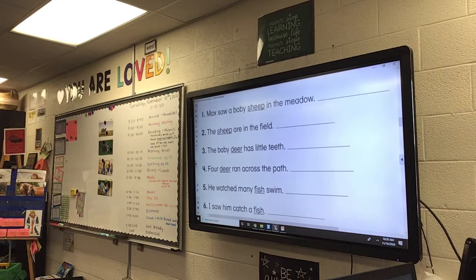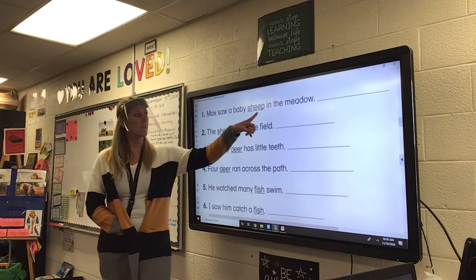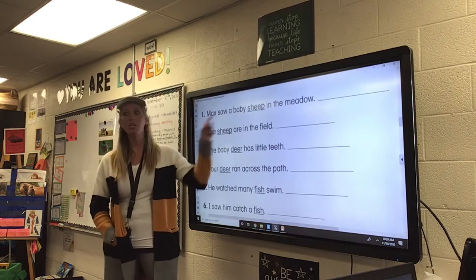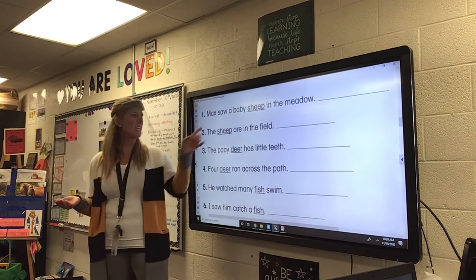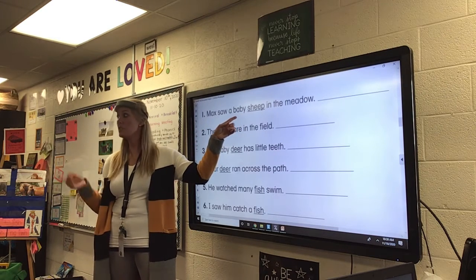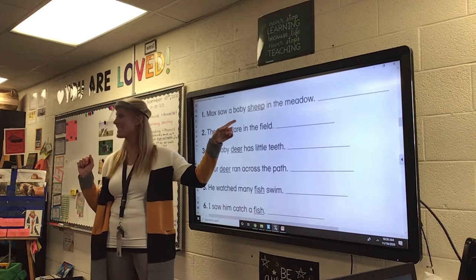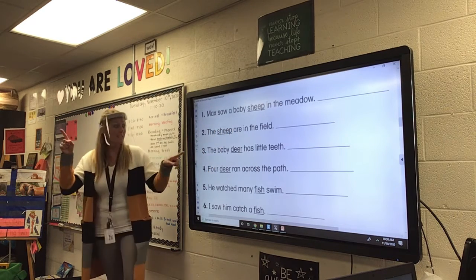Good job. So Kaden said, Max saw a baby sheep in the meadow. Now, sheep could be singular, it could be plural. Do we know if this is one or more than one? We do know. It's not more than one because there's a key word. Listen to this key word.